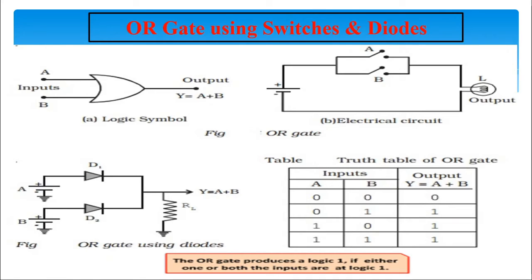Referring to the switch analogy, when both the switches are open, that is A and B both are open, that means at zero level, then no current flows from battery to lamp. Thus, lamp is off. That means output of OR gate is at logic 0.